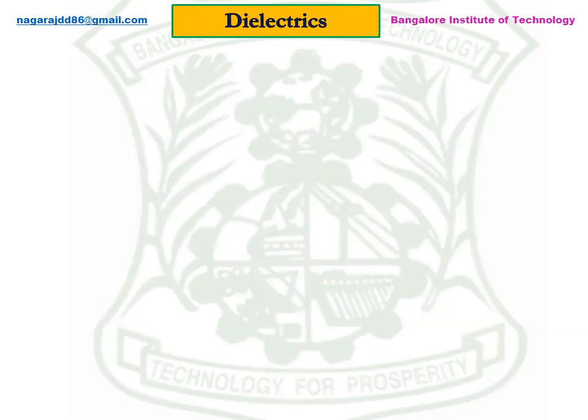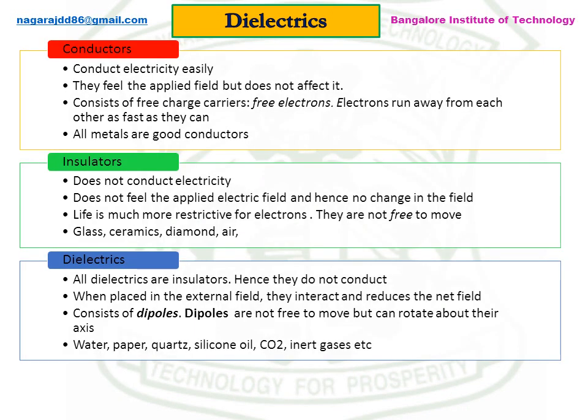Now we will see some comparison between conductors, insulators, and dielectrics. The materials are classified into conductors, insulators, dielectrics, semiconductors based upon their ability to conduct electricity. We already discussed semiconductors in previous videos. Now we will go ahead with the discussion of dielectrics. Here is the comparison. Conductors, as we all know, conduct electricity easily.